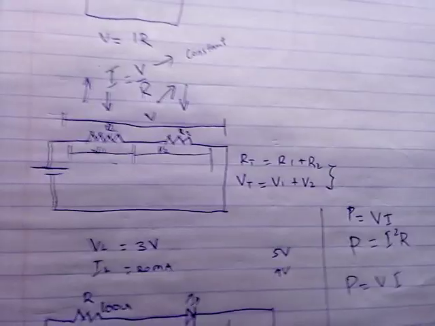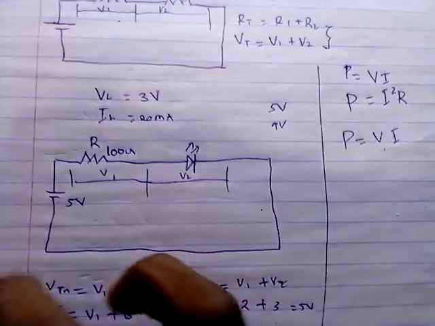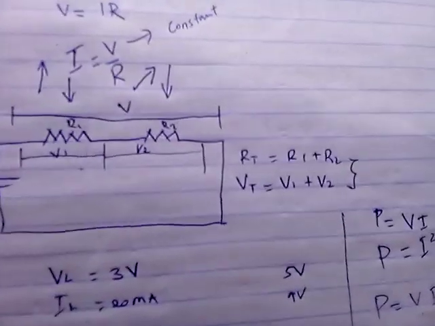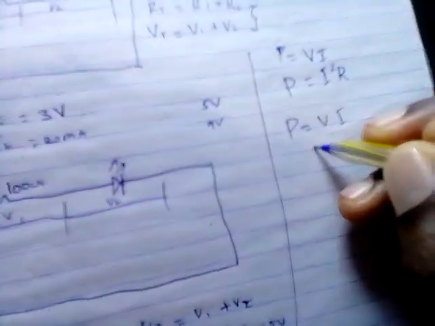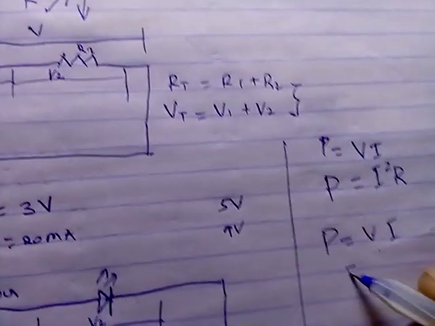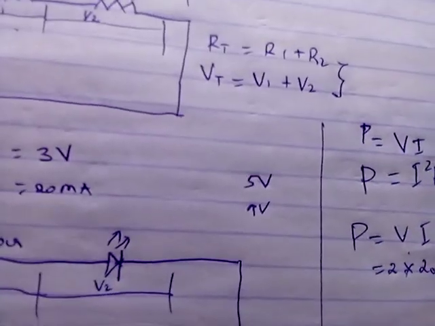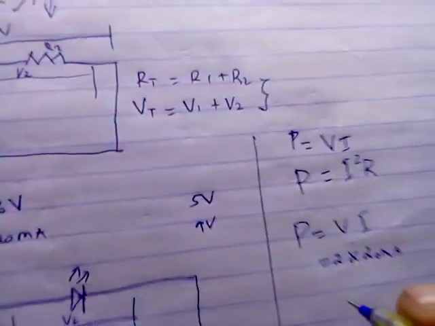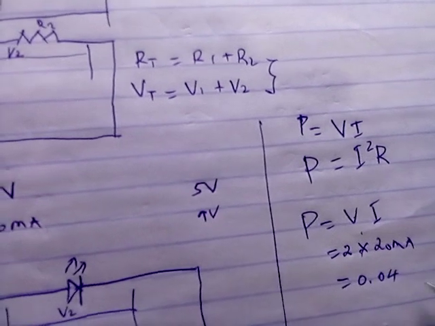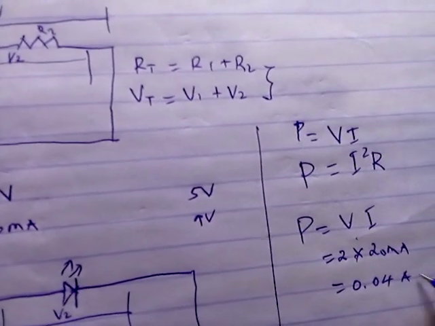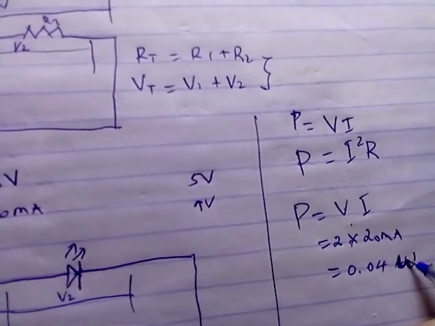The voltage we shall use is 2 volts, times 20 milliamps. This will give us 0.04 watts.